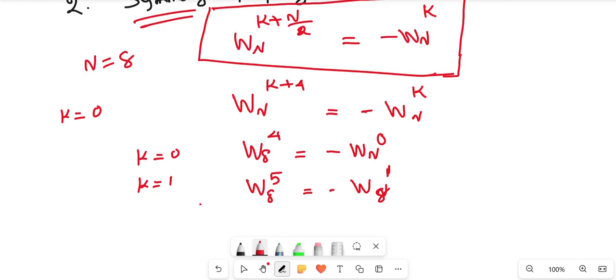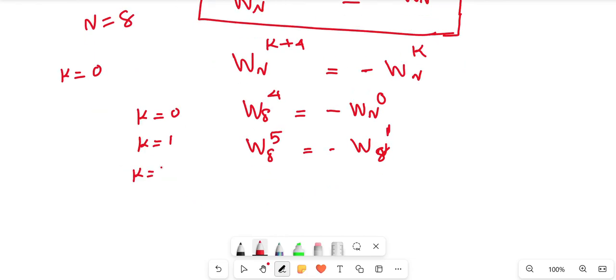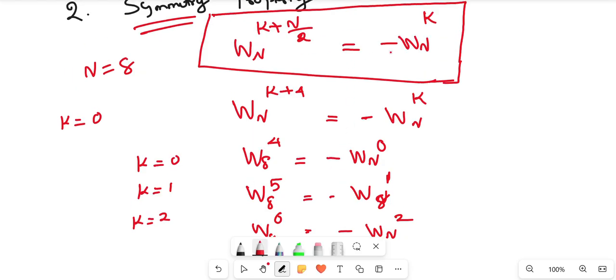Similarly, k equal to 2 means W power 6 is equal to minus W_N power 2. So it will go like this. So we can verify this one. This is the important symmetry property.